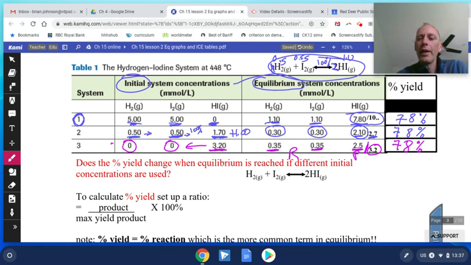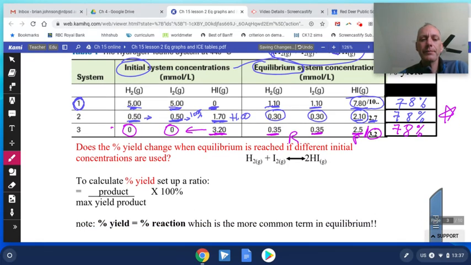Wow. Okay, so here is your big takeaway from this data analysis. The percent yield does not change when a system moves towards equilibrium. You can start with all reactant or all product, and you'll get 78% product every time.